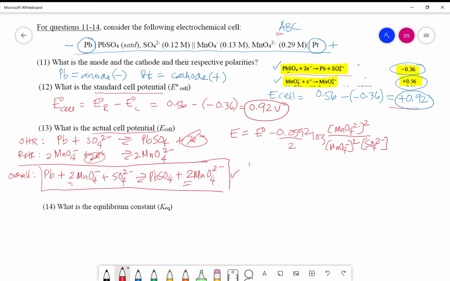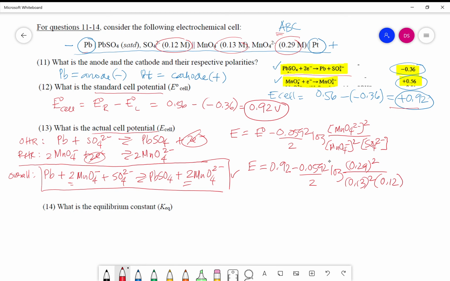So substituting, we have E equals 0.92 minus 0.0592 over 2 log of the actual concentration of MnO4 2 minus, which is 0.29, squared, divided by MnO4 minus, which is 0.13, squared, and SO4 2 minus is 0.12.